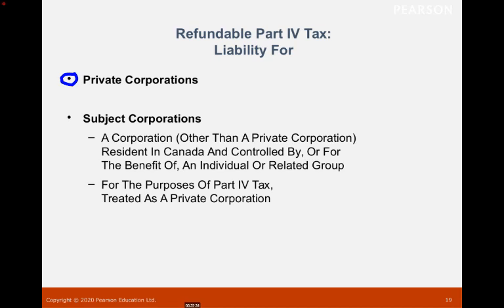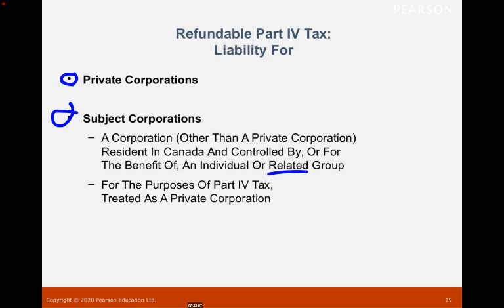Also, subject corporations will be liable for this tax. That is a corporation other than a private corporation who is resident in Canada and controlled by or for the benefit of an individual or related group. For the purposes of Part 4 tax, they are treated as a private corporation. We're going to talk about this whole related groups, related associated, and a bunch of stuff like that in Chapter 14.